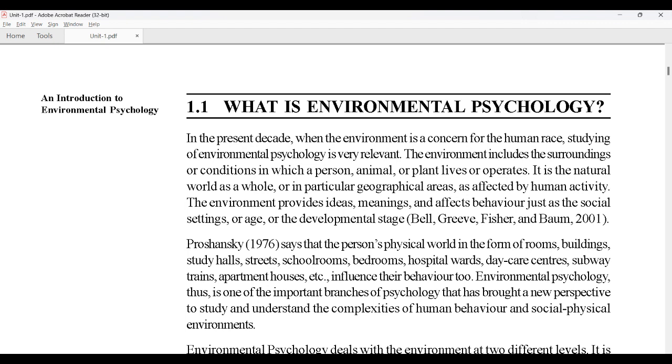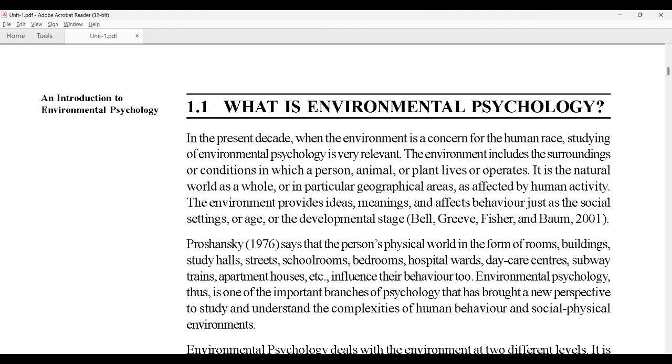The environment provides ideas, meanings, and affects behavior just as the social settings, or age, or the developmental stage. Proshansky says that the person's physical world in the form of rooms, buildings, study halls, streets, schoolrooms, bedrooms, hospital wards, daycare centers, subway trains, apartment houses, etc., influence their behavior too.